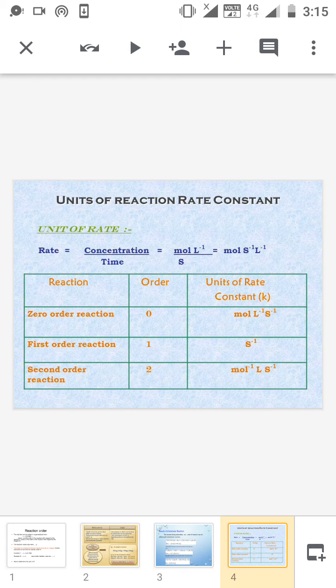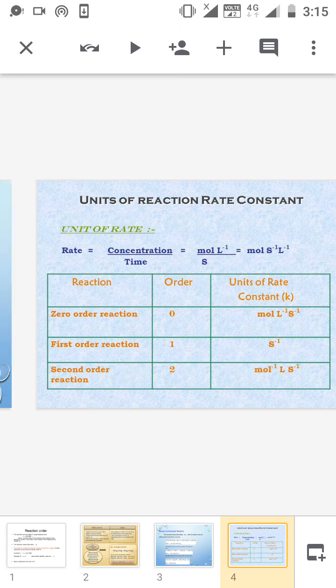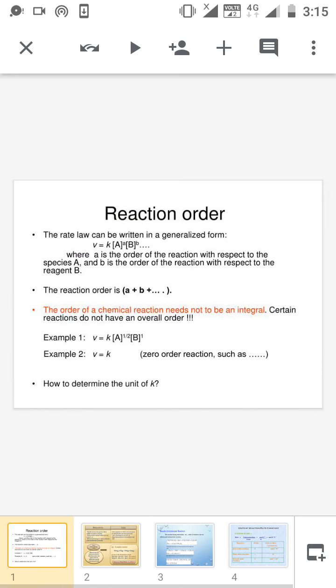Now how will you determine the unit for the first order reaction? Now we are moving into the first slide. See example 1. The rate of a reaction is equal to K into concentration of A into concentration of B. So this is a second order reaction. Sorry.